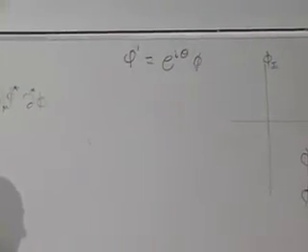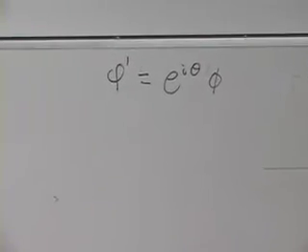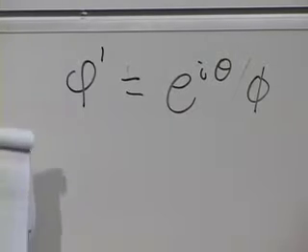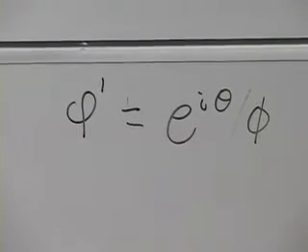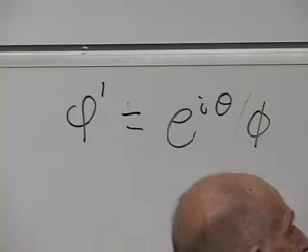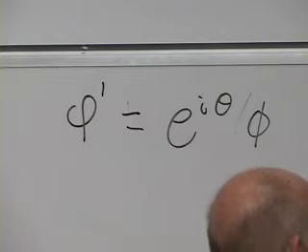In other words, we multiply the field at every point. Prime does not stand for derivative here. It's just a redefinition of the field where we multiply it by e to the i theta. Do you know what that means on the complex plane here? Yeah, we rotate it by angle theta.